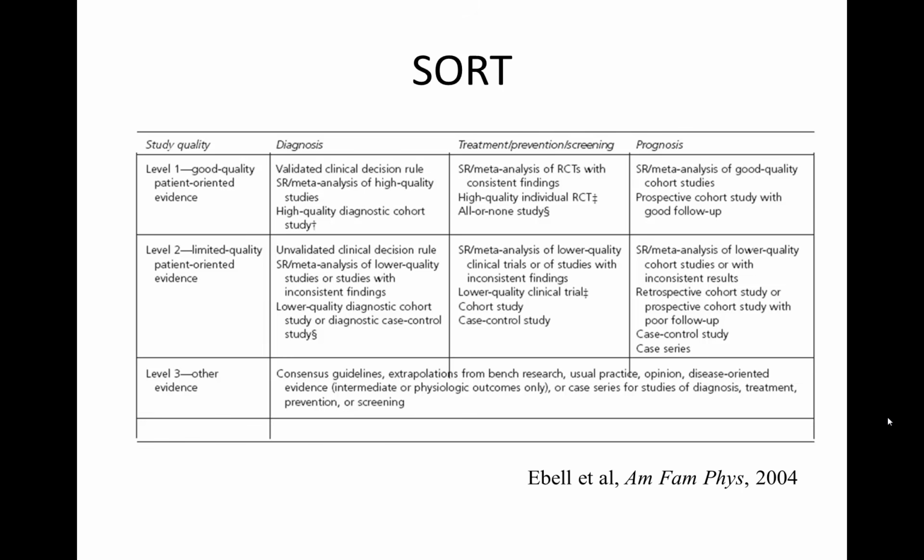Our level 2 will include systematic reviews and meta-analyses of lower quality studies, cohort, case control, or lower quality diagnostic cohort studies. Interestingly, level 3, and this differs significantly from the Oxford, is any other type of evidence, including consensus guidelines, extrapolations from bench or animal research, usual practice, editorials, opinion, or anecdotal evidence, as well as all studies of disease-oriented evidence.